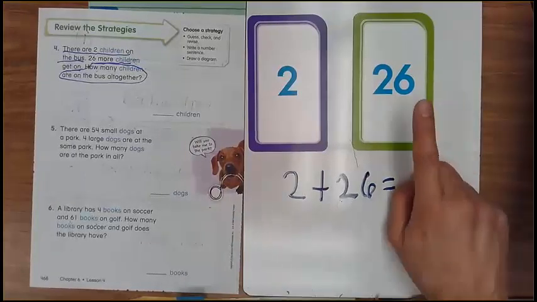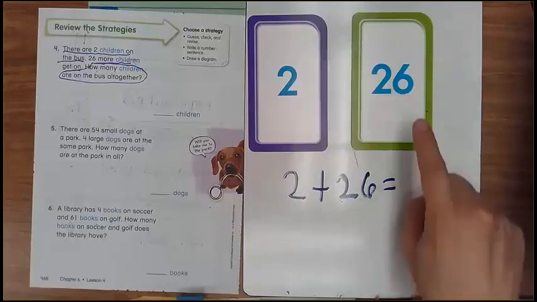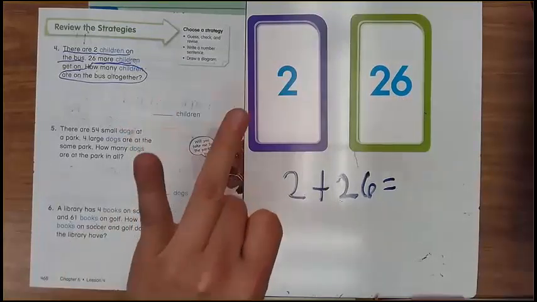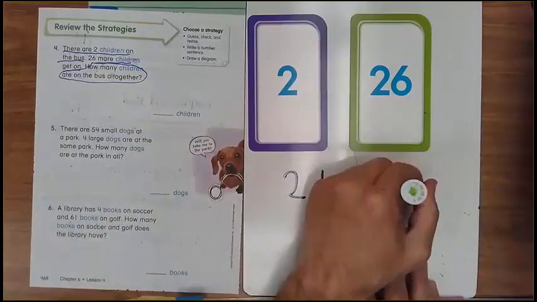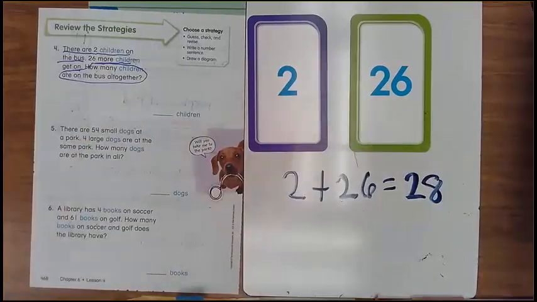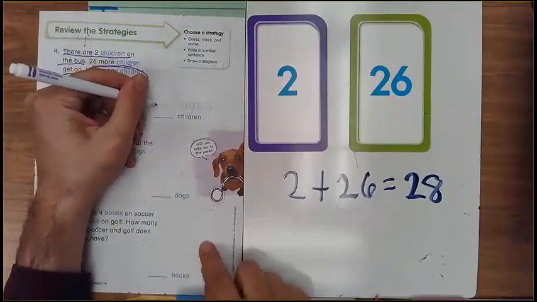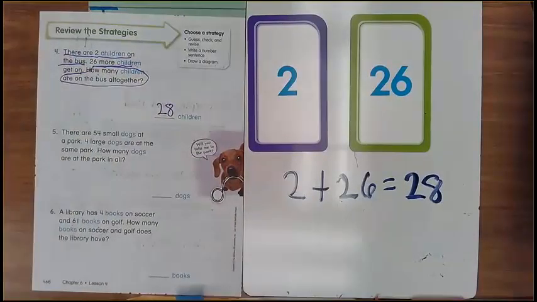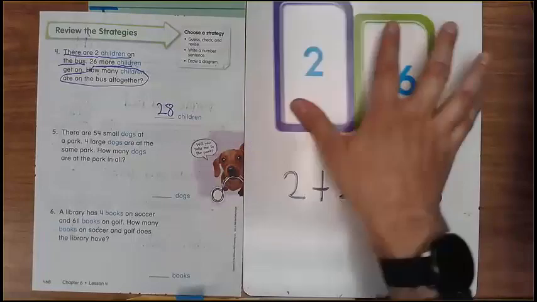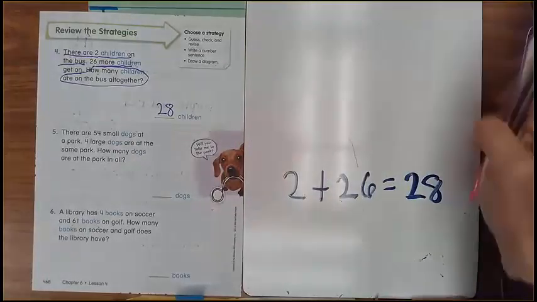So I could, again, start with the bigger number and count on 26, 27, 28. So it looks like there's 28 kids on the bus, right? 28 children are on the bus. All right, good.